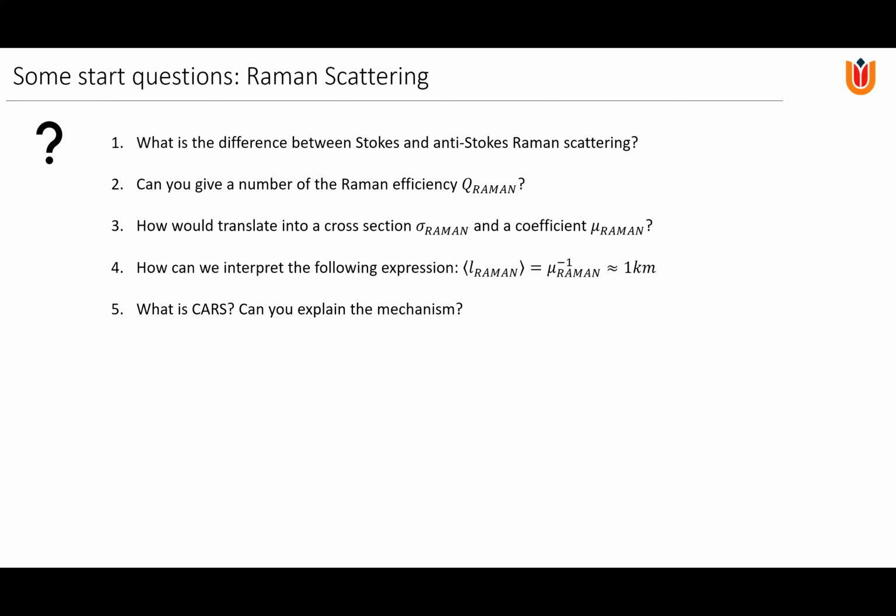In the Stokes Raman, we have this transition, and then this one. In the anti-Stokes, it starts from this level.